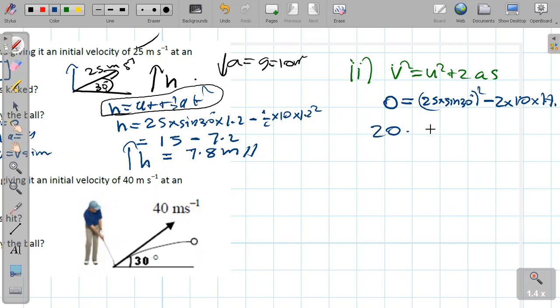So I can get it to here: 20h equals 12.5 square. So h equals 12.5 square over 20. That's very hectic stuff, so my god.